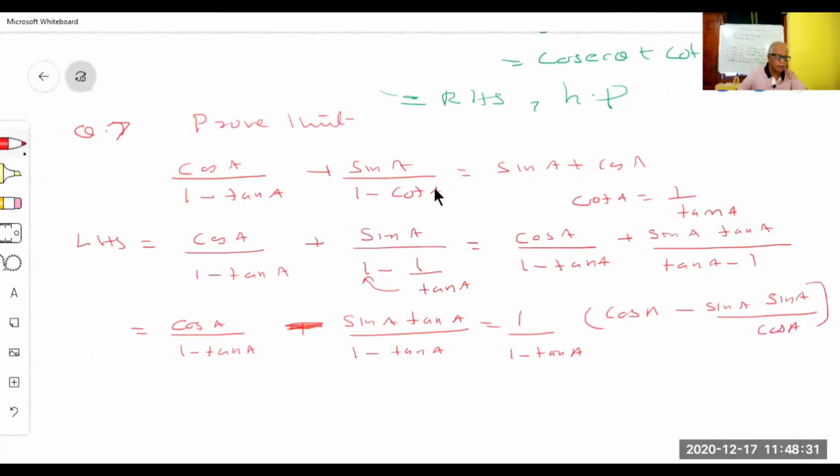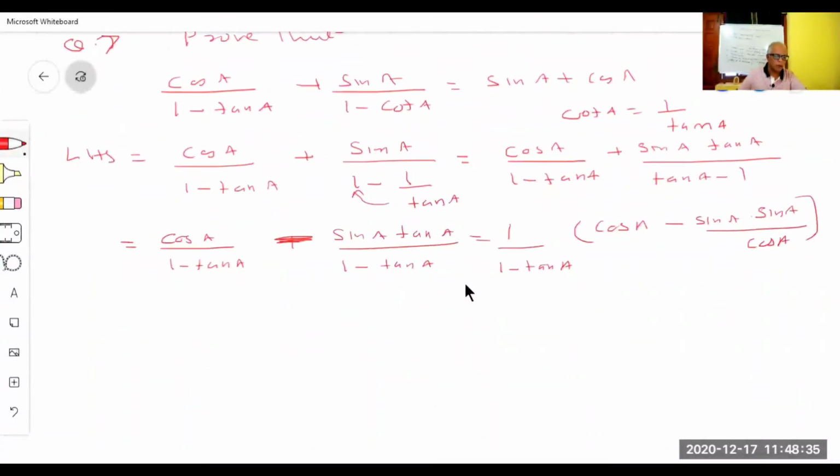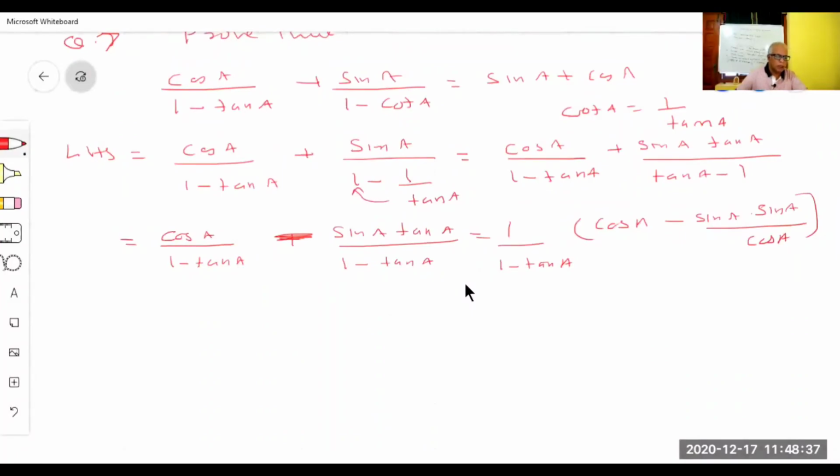Whichever method is productive, you do that method, okay? 1 by 1 minus tan A. So cos square A minus sin square A divided by cos A.